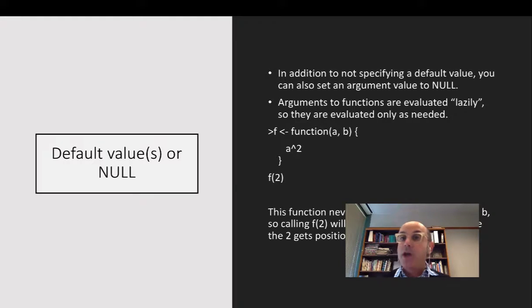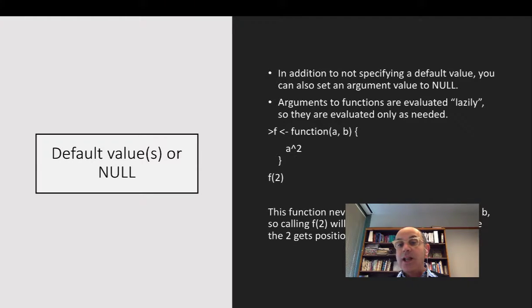In addition, to specify the default value, you can also set an argument with a value of NULL. So the arguments to the function are evaluated lazily, so they are evaluated only as needed. And so in this case, only in case that you specify that need.